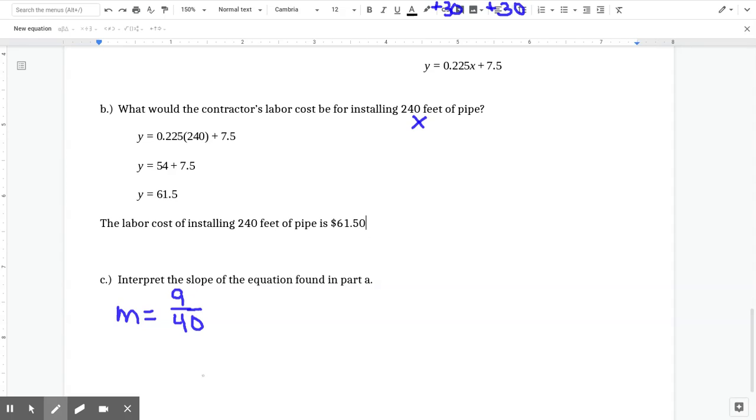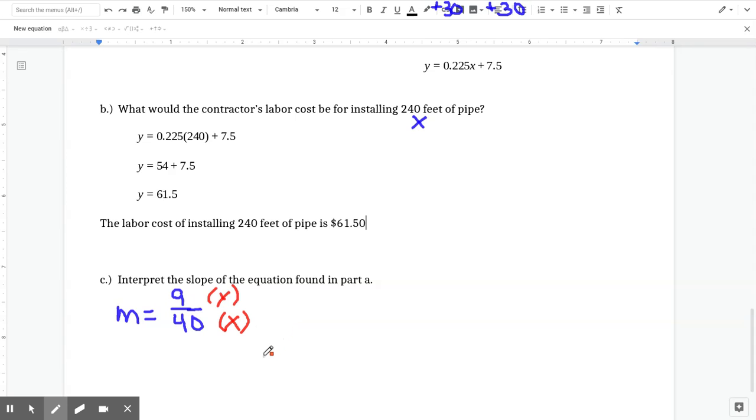In terms of interpreting this, we just need to remember where those numbers came from. The 9 came from subtracting our y values, and the 40, which had been 400 before, we calculated using x values.